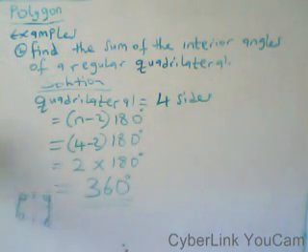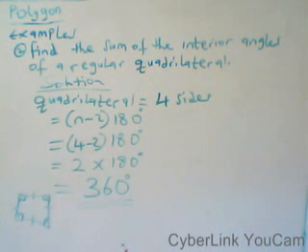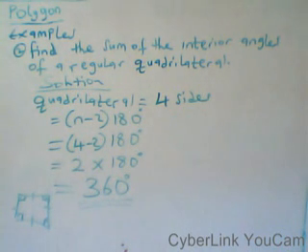So that is for question number 2. Now let's move to another example whereby we may be given the sum of interior angles of a particular polygon. They will now ask us to find the number of sides. Let us have that example now.